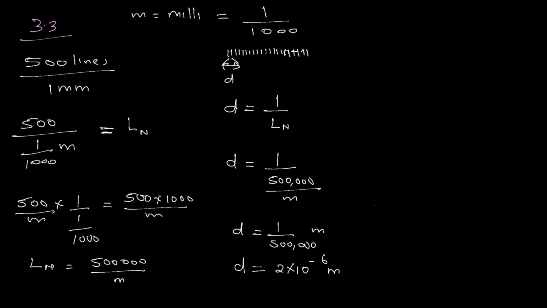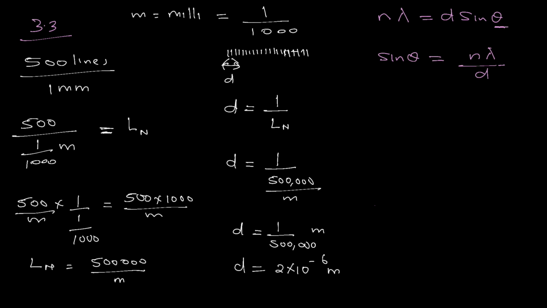But now we need to apply the formula, because we have to find the angle theta. And so we have n lambda equals D sine theta, that's the formula. So we want to find theta, so we can rearrange the equation by saying sine theta equals n lambda over d.